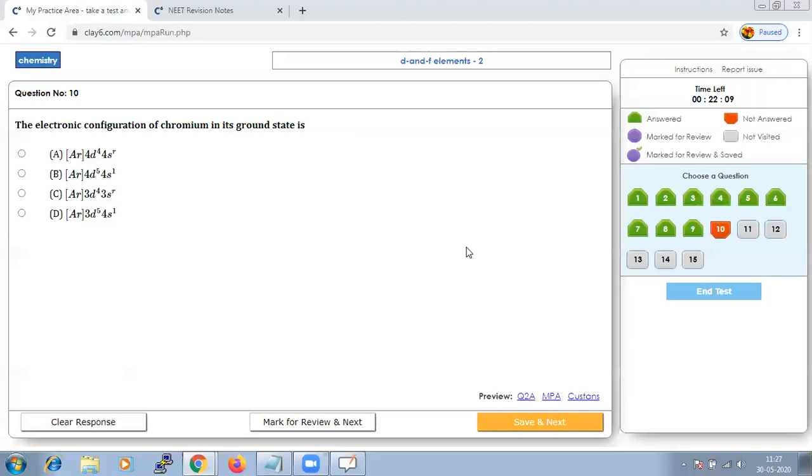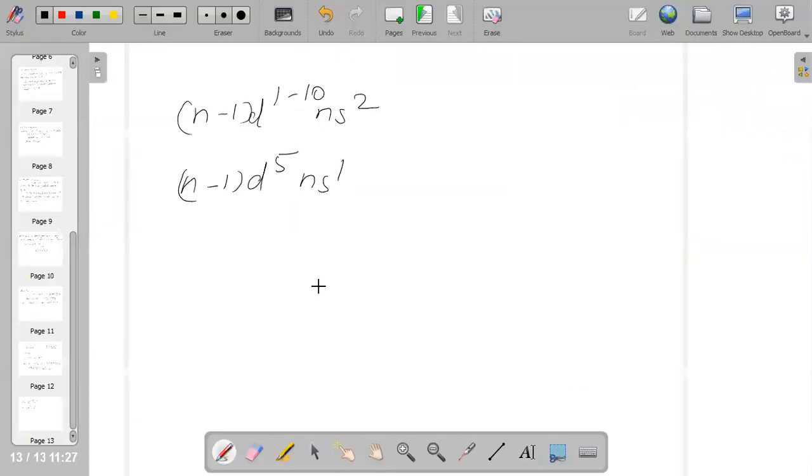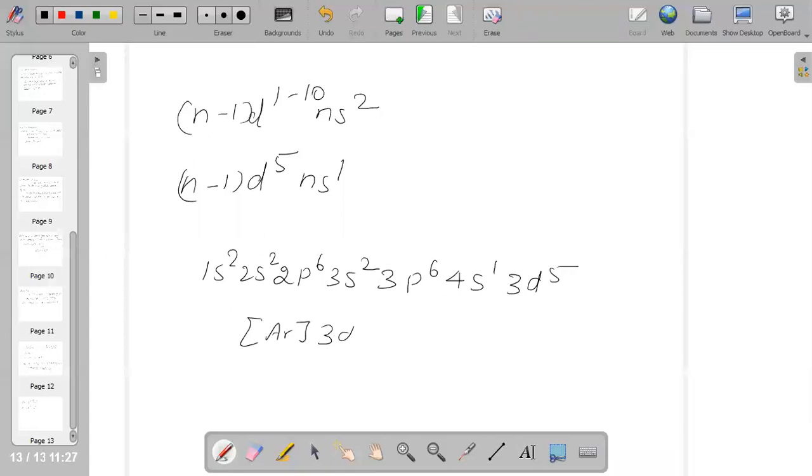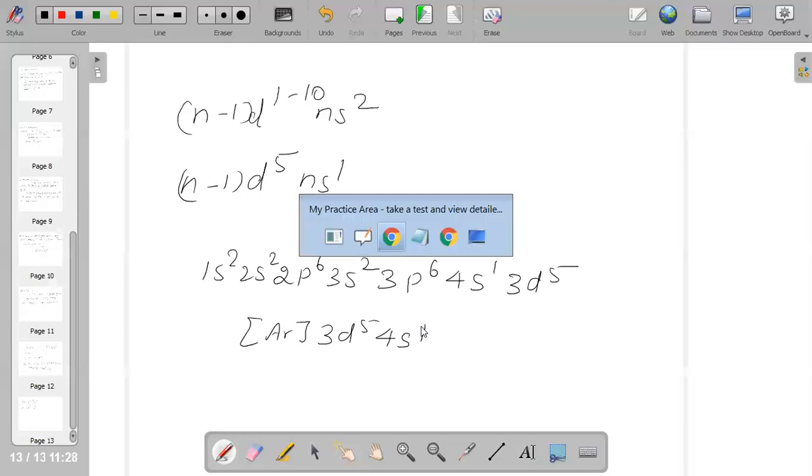So when we do the electronic configuration for chromium, it is 1s2, 2s2, 2p6, 3s2, 3p6, 4s1 and 3d5. So you can simplify this by saying argon 3d5 4s1, because there is an extra stability it will gain from your half filled d orbitals. So the answer should be 3d5 4s1.